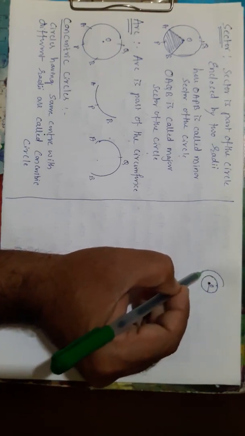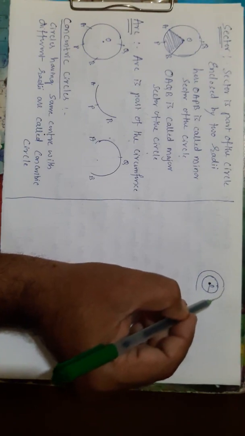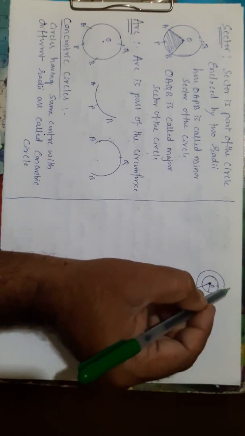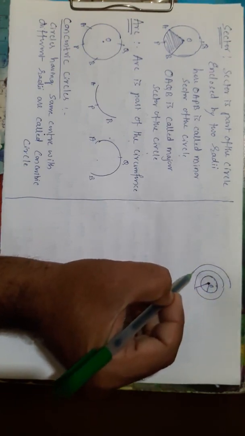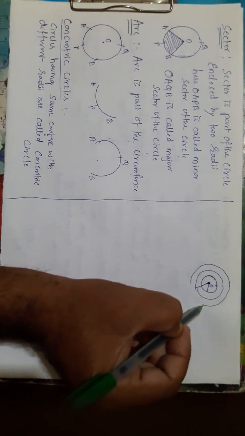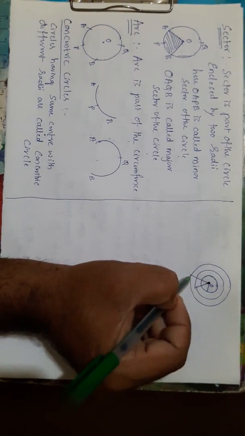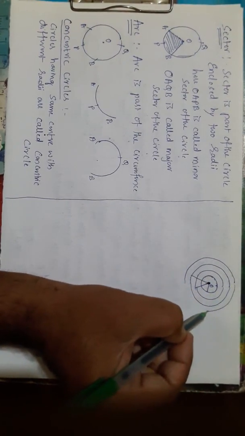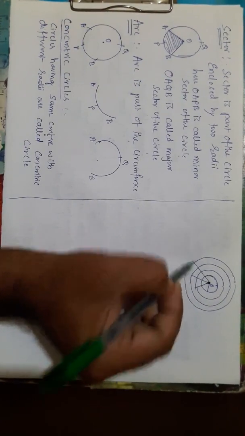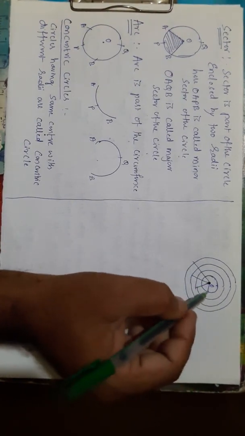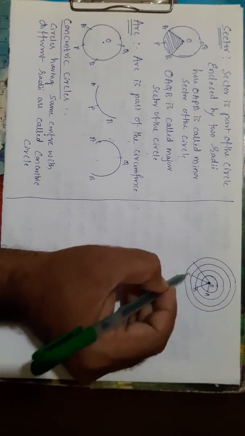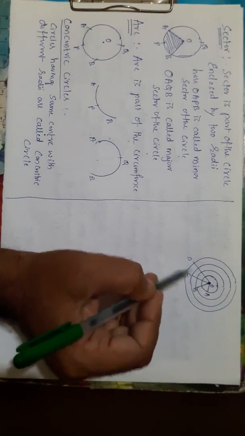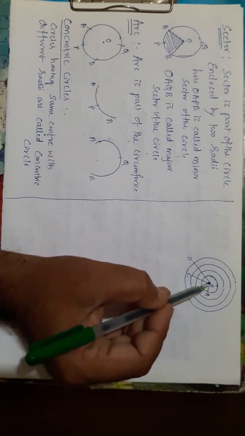Now I am drawing one more circle having a different radius. So OA, OB, OC and OD. See here, OA, OB and OC are different radii with the same center.